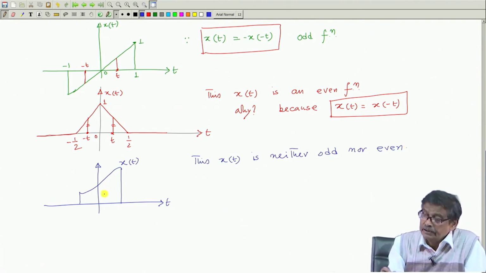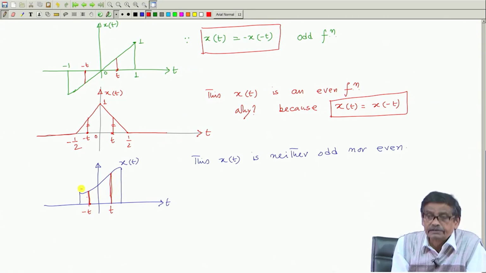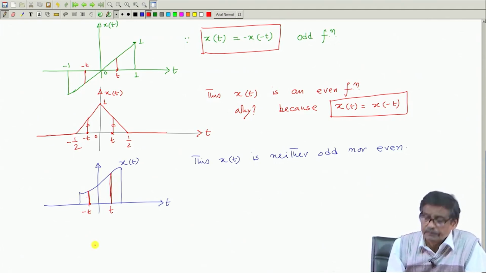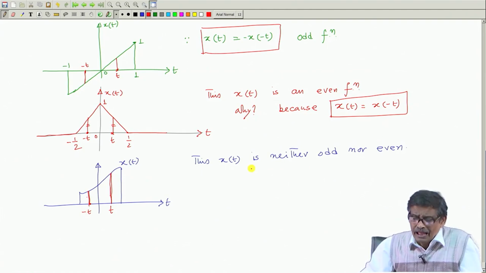Why? Because it does not satisfy this. Suppose any time you choose, this functional value at t is this, and at the corresponding negative time, the value is not equal to this height. So, it is not odd, and also it is not even, because negative of that should come, but it is not coming. And similarly, x(t) is not equal to x(minus t). Therefore, this function is neither even nor odd, and most of the functions will be like this in general.